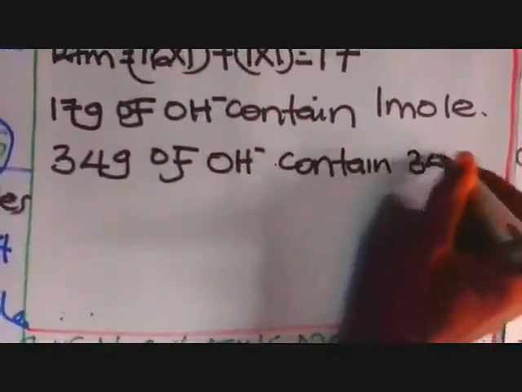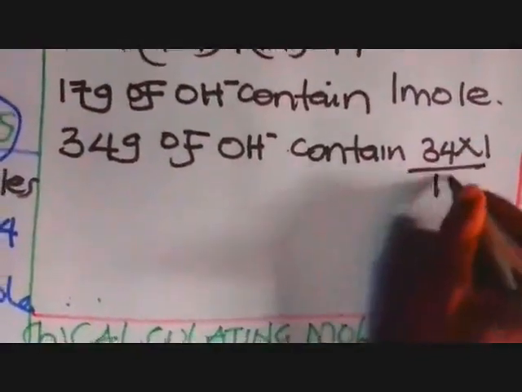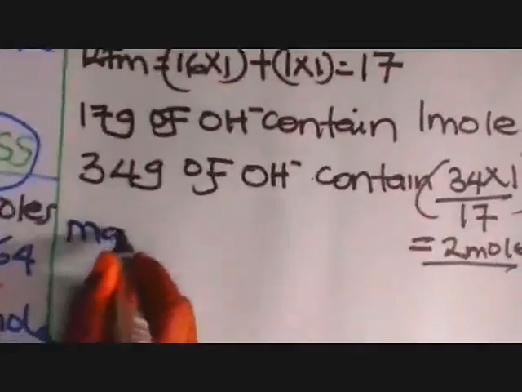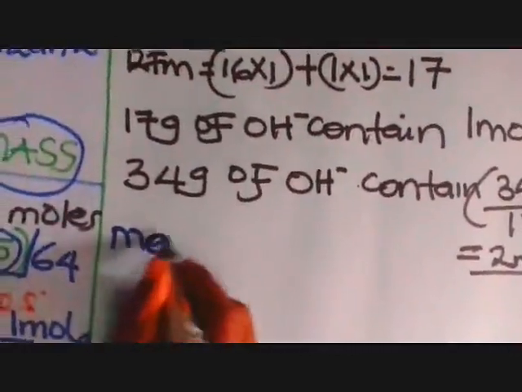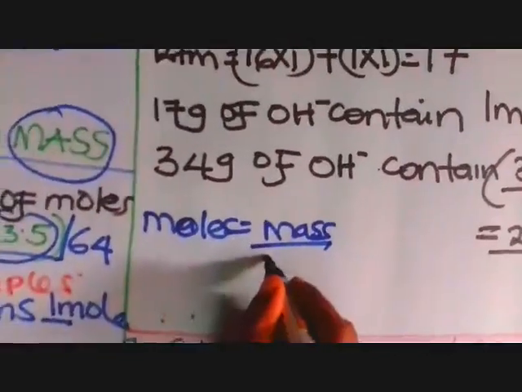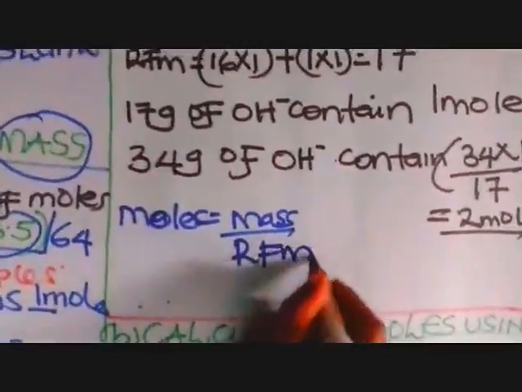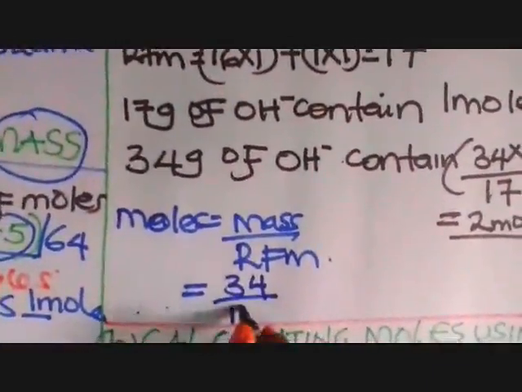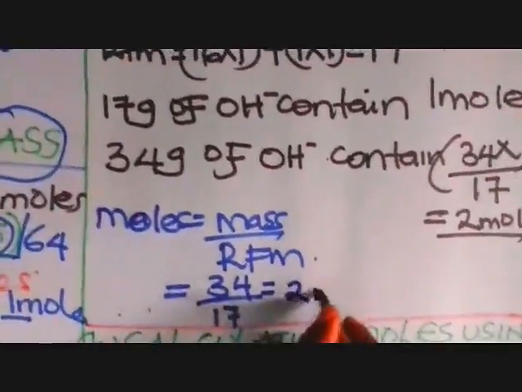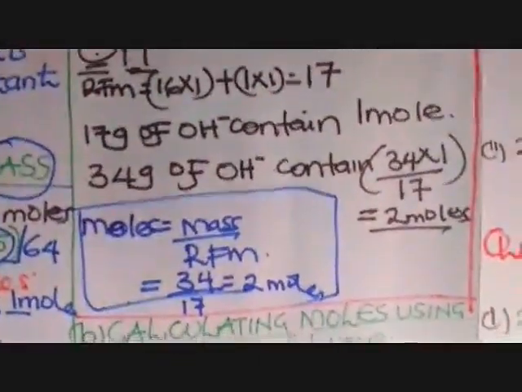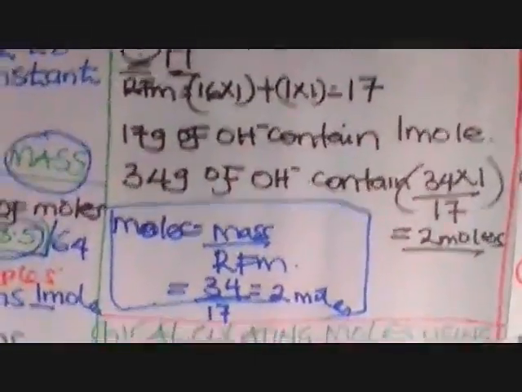We shall get 34 times 1 over 17, and our answer here is going to be 2 moles. Similarly, you can say moles are equivalent to mass over the RFM. Therefore we obtain 34 divided by 17, and we arrive at 2 still. It becomes 2 moles. So this is an alternative to the other one. You can try many examples from there.